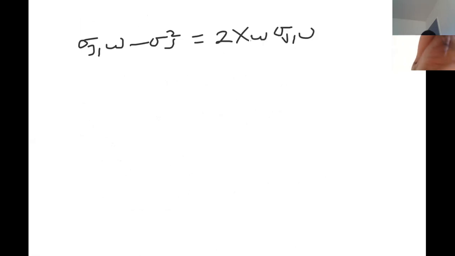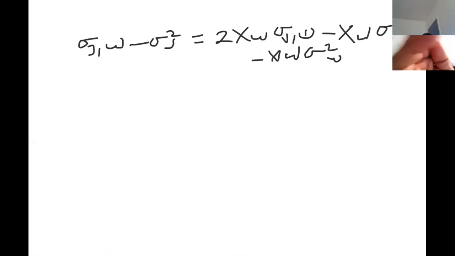Okay, so what I'm trying to do now is this. I'm going to have covariance of JW minus variance of J is equals to 2XW covariance of JW minus XW variance of J minus XW variance of W. But in the case of Anastasia's own, she rather sent this to the other side.